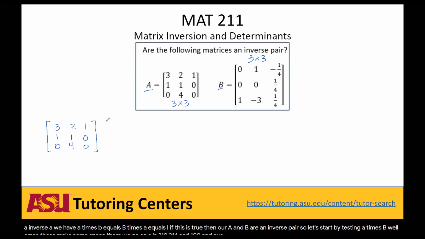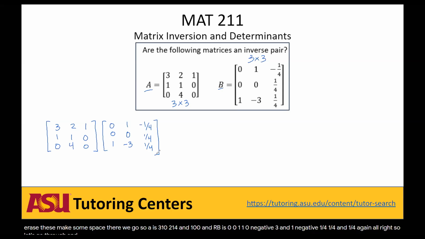And our B is 0, 0, 1, 1, 0, -3, and 1, -1 quarter, 1 quarter, and 1 quarter again. All right, so let's go through and multiply this to see what we get.